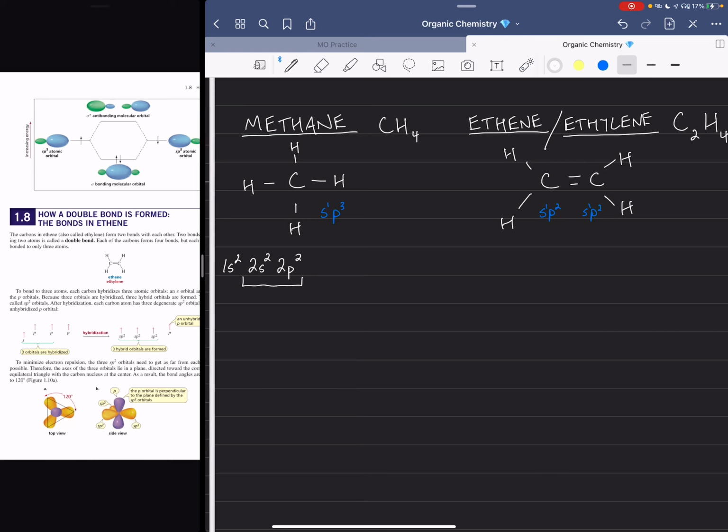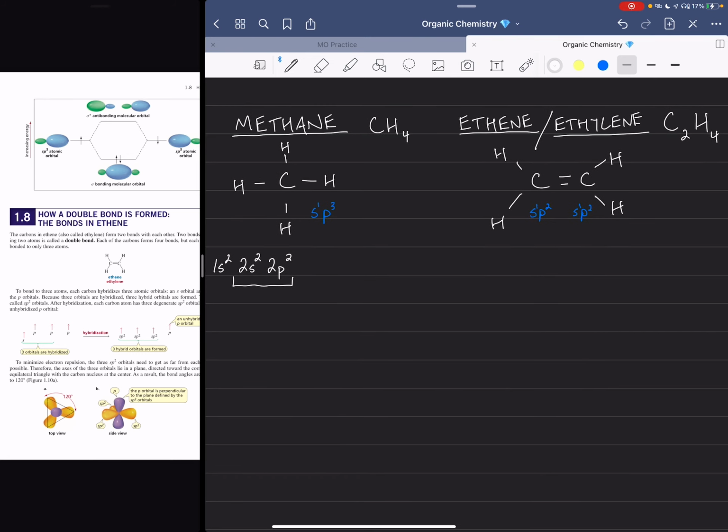If we look at the energy diagram, right, 1s, 2s, 2p, remember, 2px, 2py, 2pz.